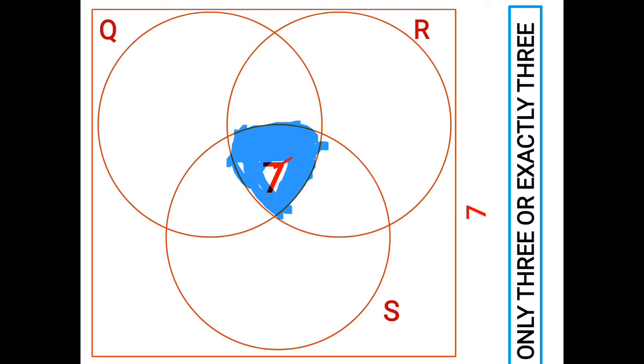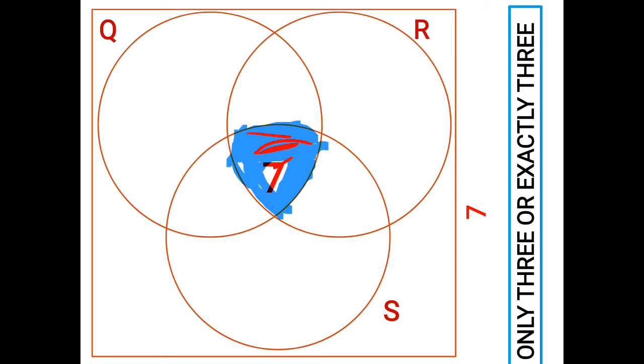So it's only region 7 which is found in all 3 circles, meaning region 7 alone is the part that reads only 3. So sometimes instead of saying find the number of students who read all the 3 subjects, they can tell you find the number of students who read only 3 subjects, or exactly 3 subjects, meaning pick the part that is for all the 3, only the 3, right?